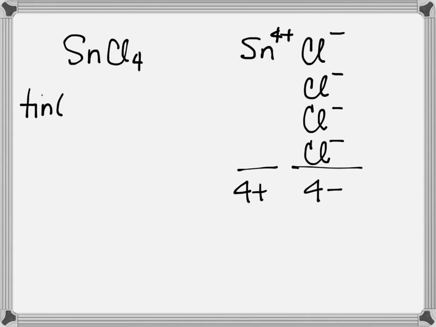And then what's the Roman numeral for 4? IV. What's 1 before 5? And then this is chloride. Tin 4 chloride. Any questions? So that's a brief summary of how to name binary ionic compounds.